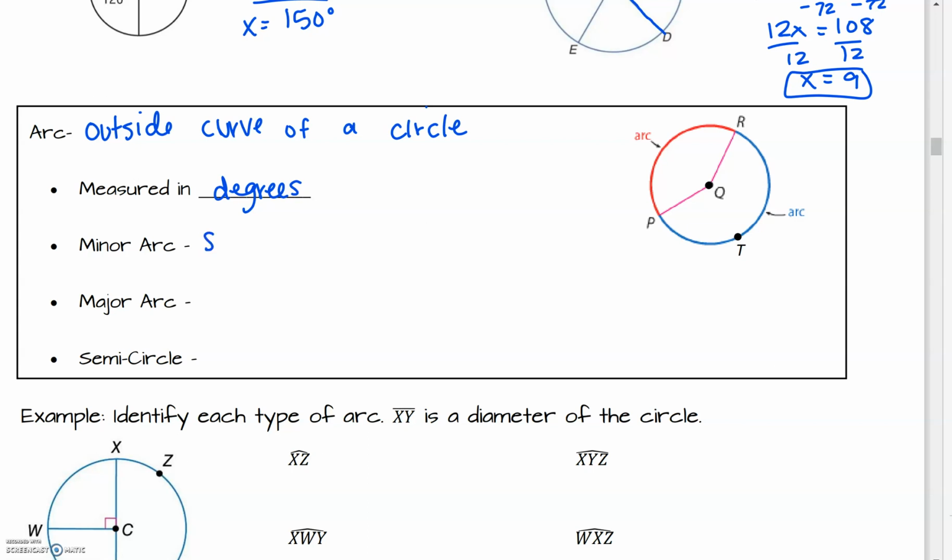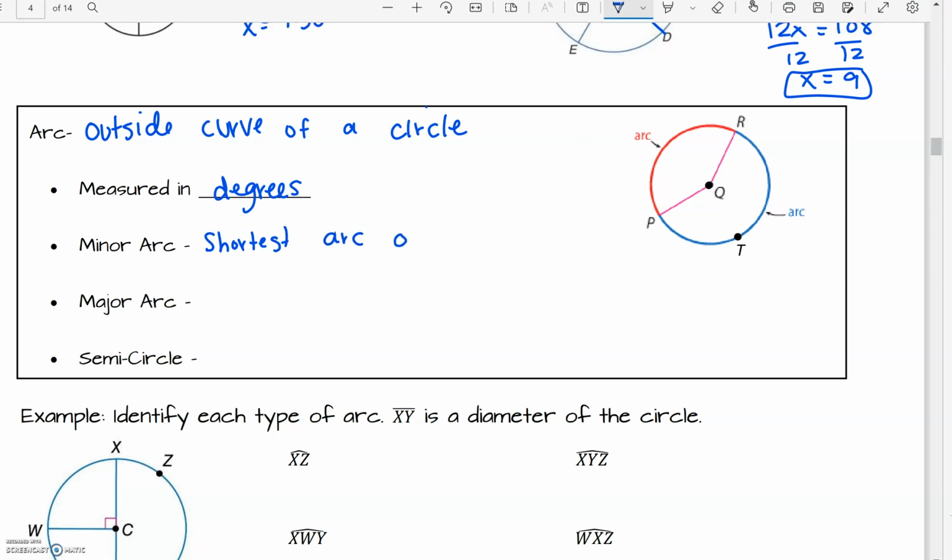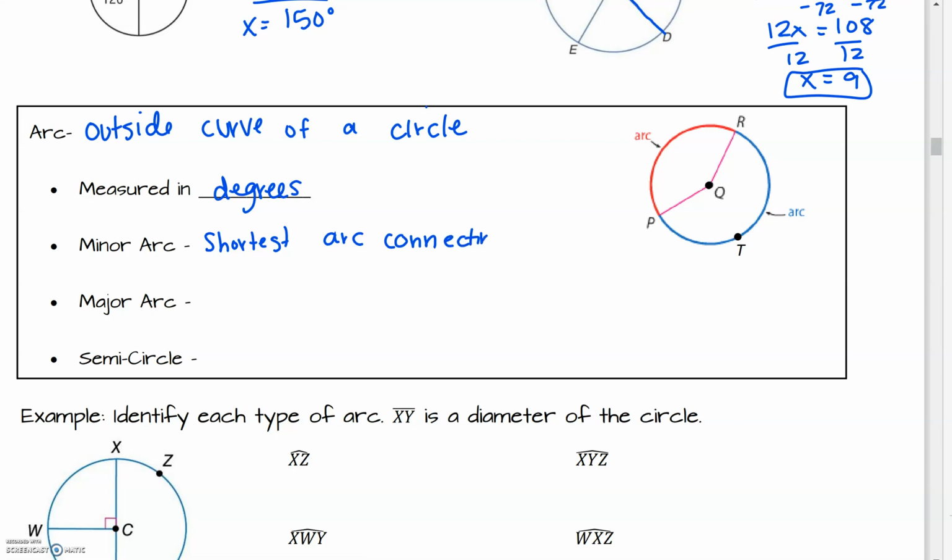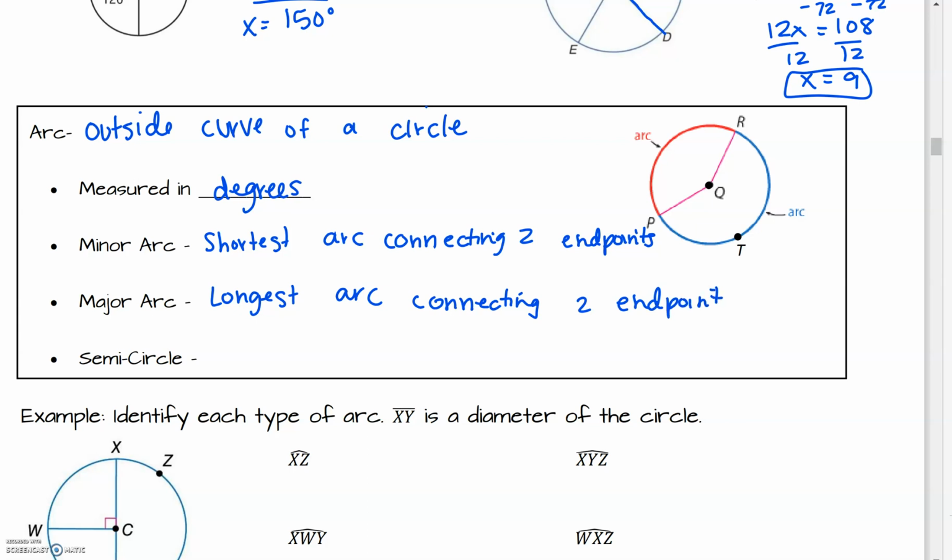And a minor arc is going to be the shortest arc connecting two endpoints. The major arc is going to be the longest arc connecting, the longer way versus the shortest, those two endpoints, whichever ones they tell us.